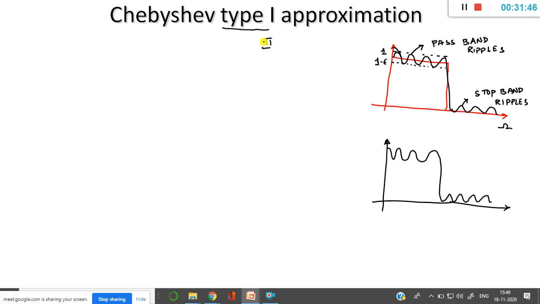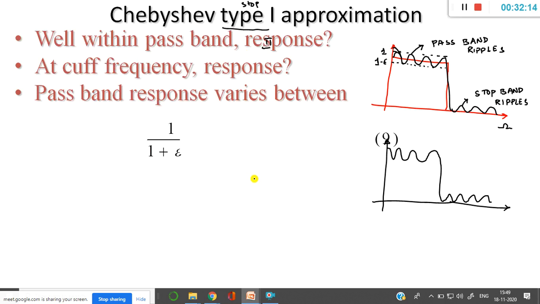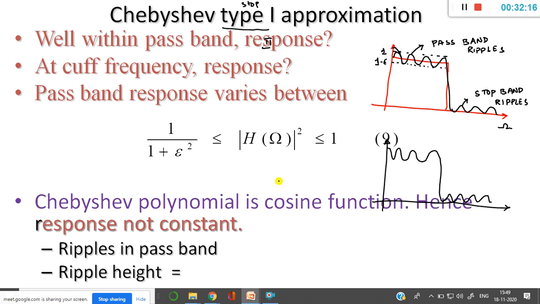That is why it is called the type 1 and type 2 approximation method. There are two equations. The type 1 method is one where the ripples occur in the stopband. The type 2 is one where the ripples occur in the passband. Okay, so these are the two differences between type 1 and type 2. And in the lab, we will be using the type 1 Chebyshev approximation method.